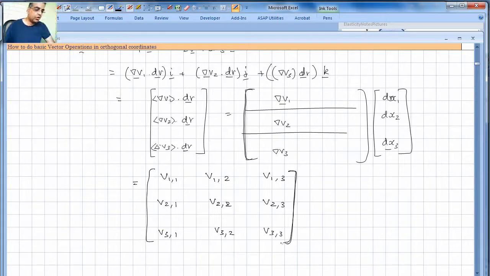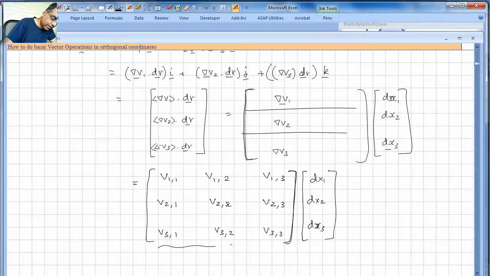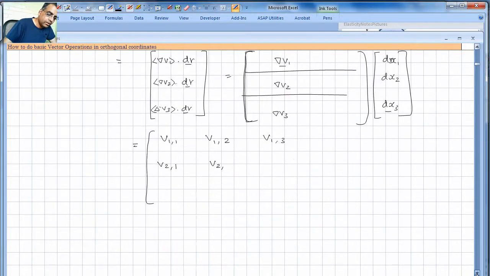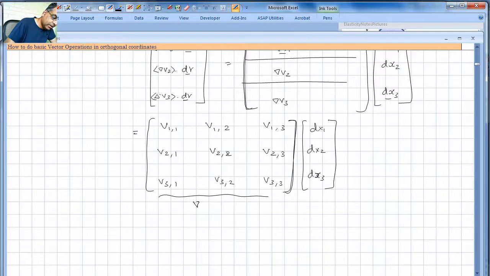Sometimes this is called the Jacobian of the vector, and this is dx1, dx2, dx3, and this, by the way, is called the gradient of v. And now you have e1, e2, e3 going this way and e1, e2, e3 going that way, because the first component goes e1, e2, e3, the second component goes e1, e2, e3, like that.